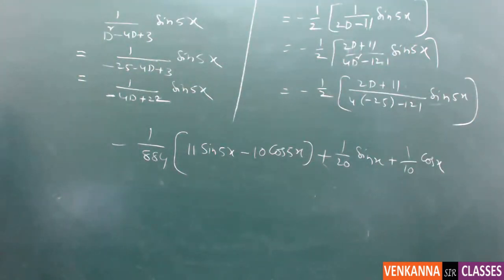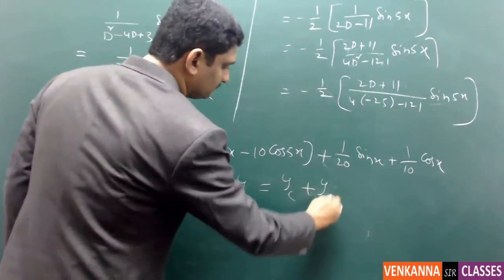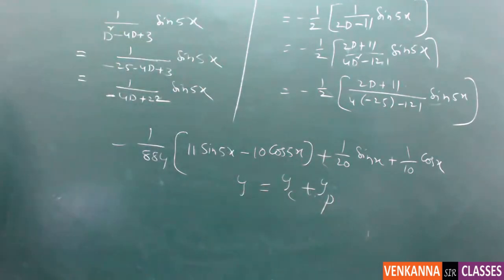Please check. After evaluating the two things, so general solution is given by y is equal to yc plus yp. You can simplify that later.